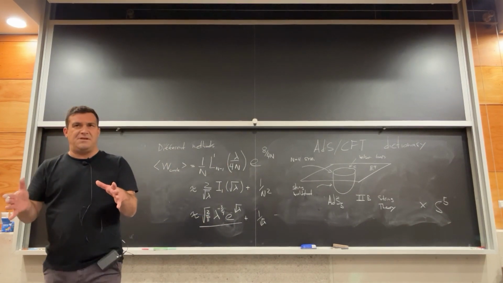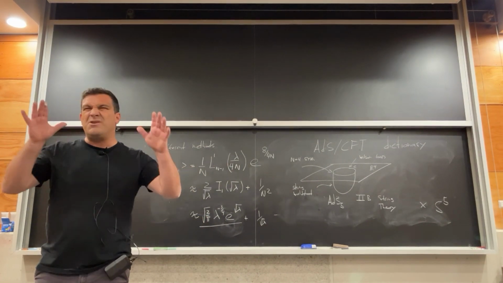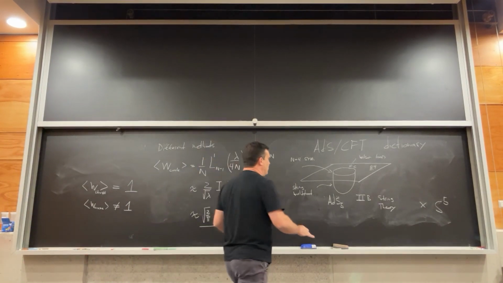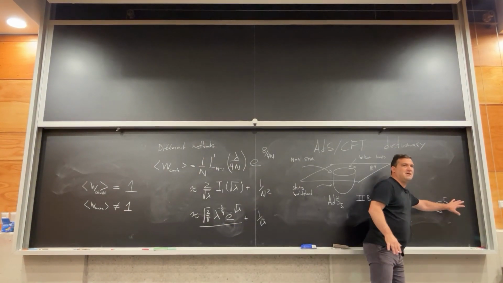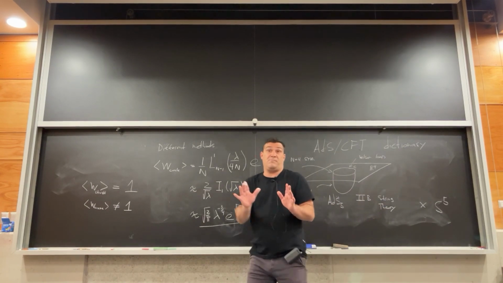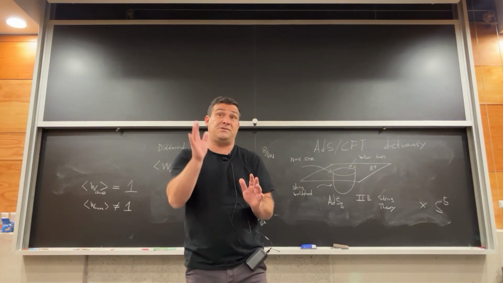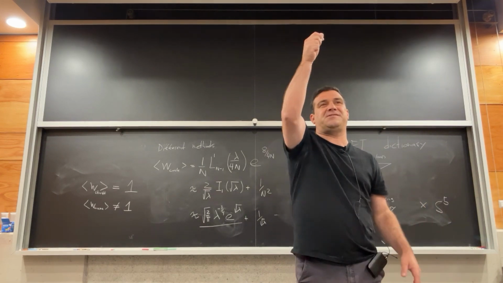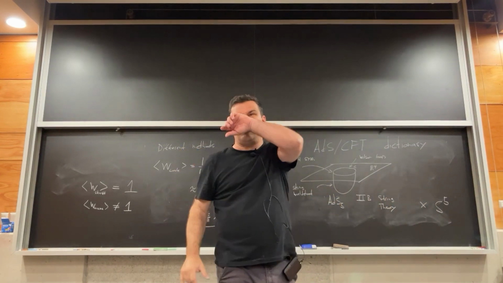The string actually lives in AdS5 cross S5. But you can start to picture how you geometrize this SO(6) now. The SO(6) now corresponds to isometries of S5. But for the Wilson loop, remember the one we're focusing on is 0,0,0,0,0,1. That corresponds to a string that is fixed at the north pole of the S5. So it's not going to play a role.